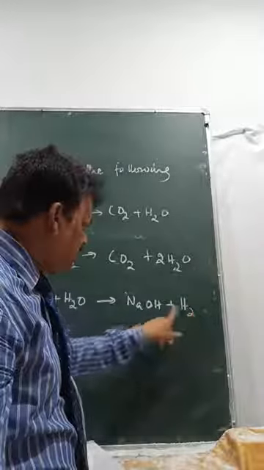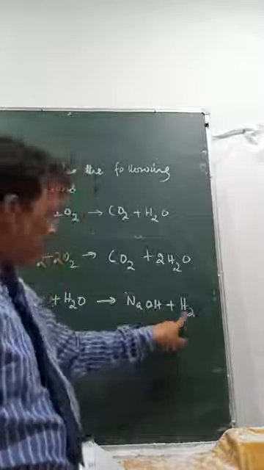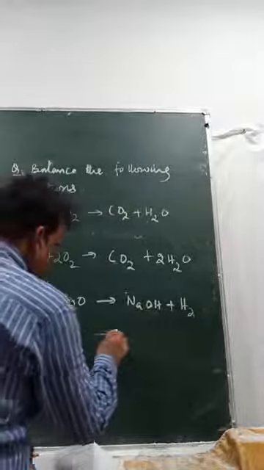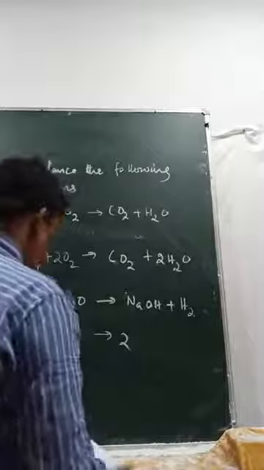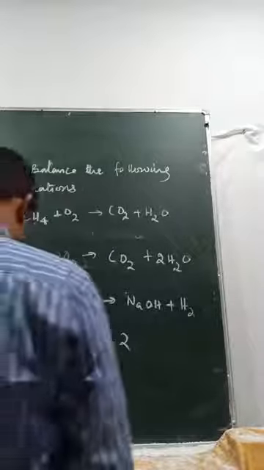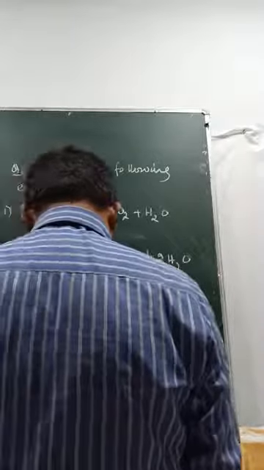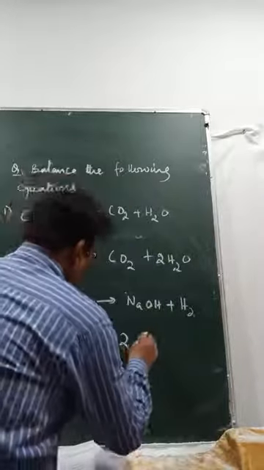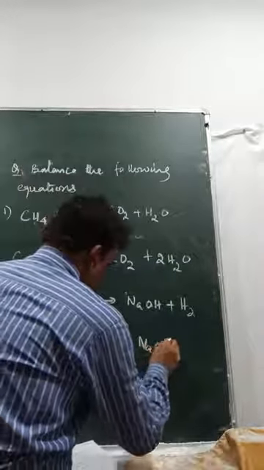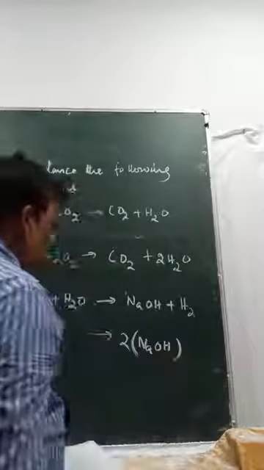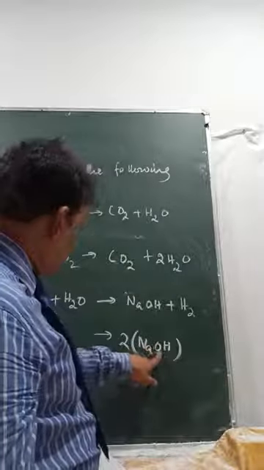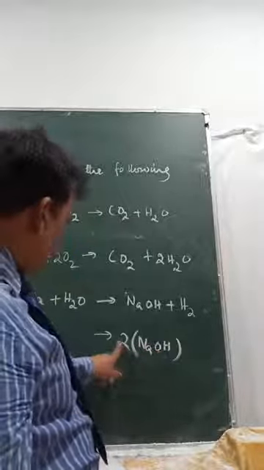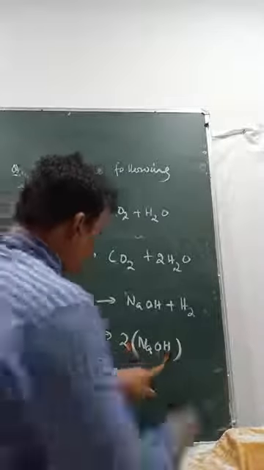So this is creating a problem. So let's multiply 2 here. If I multiply 2, oxygen became 2, hydrogen became 2 plus 2.